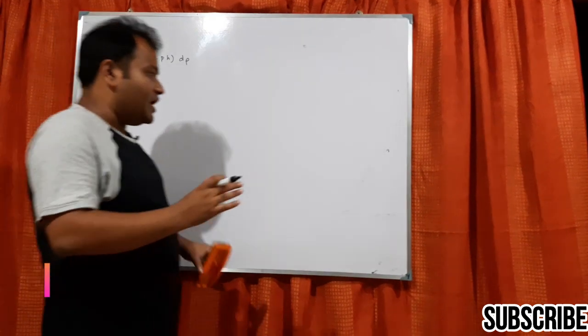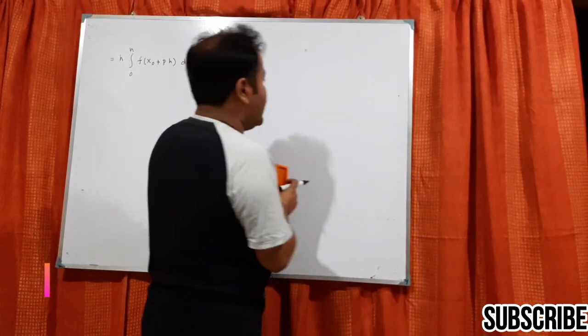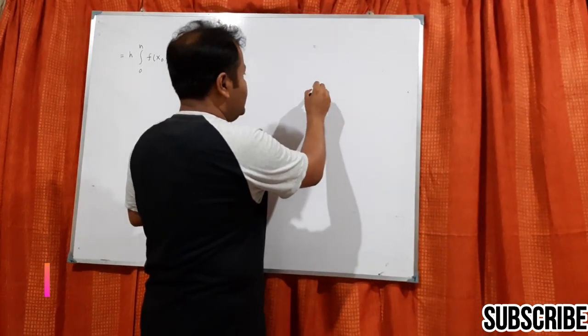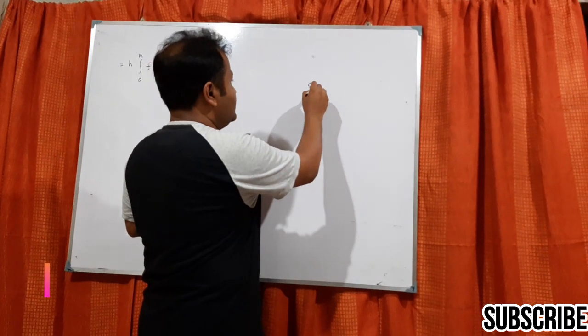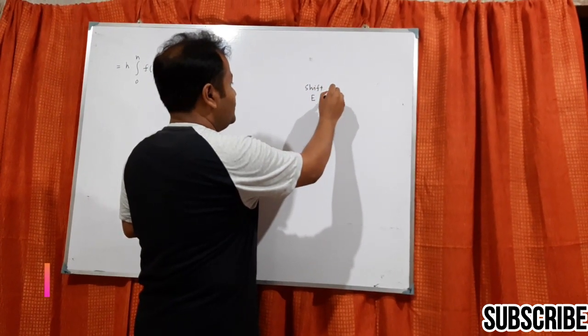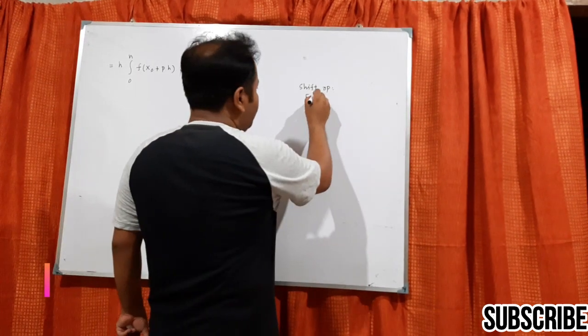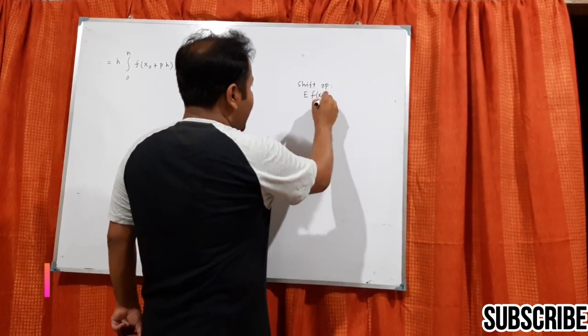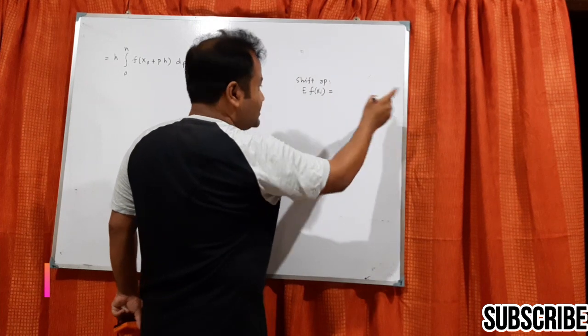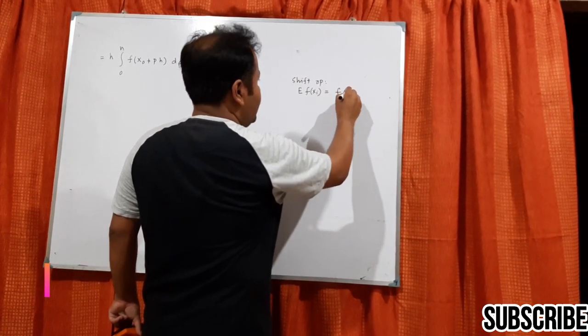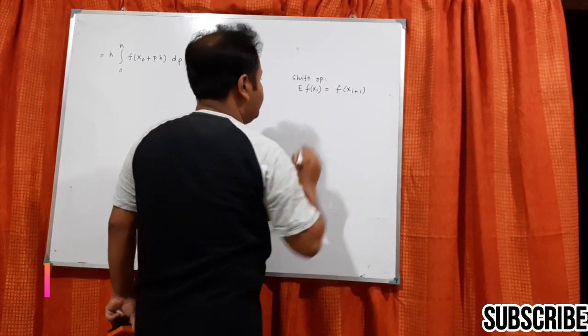Now if you remember interpolation, in interpolation we were given a shift operator, E. What is the job of the shift operator? E of f of xi will move to the next point, f of xi plus 1.